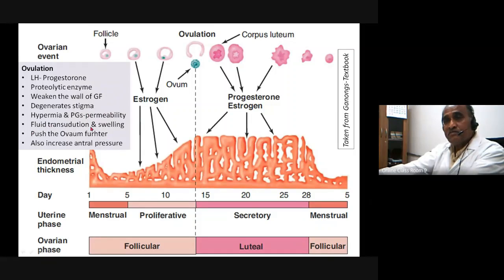The fluid moves into the antrum and further swells the Graafian follicle, which pushes the ovum eccentrically, and then the antral pressure causes rupture. That is ovulation. After that comes corpus luteum formation. Okay, so that is about the first question.